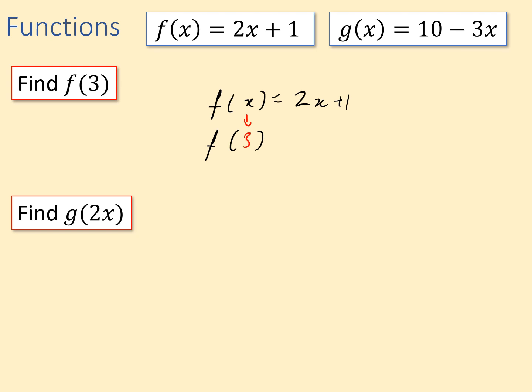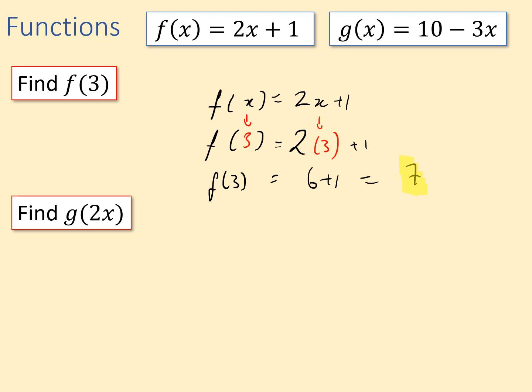That means on the right hand side of the equation, I'm going to replace the x with 3. So instead of an x here, I'm going to replace it with 3, plus 1. Okay, so the f of 3 is 2 times 3, which is 6, plus 1, which is 7. If you stick to that principle, then everything to do with functions is not so bad.